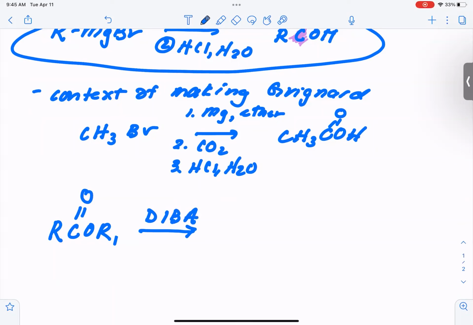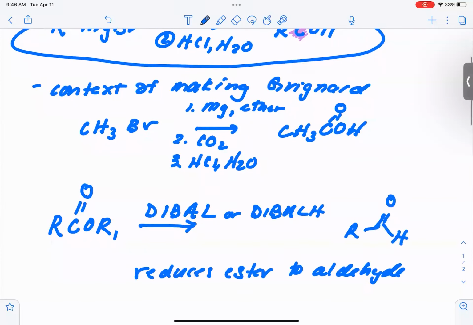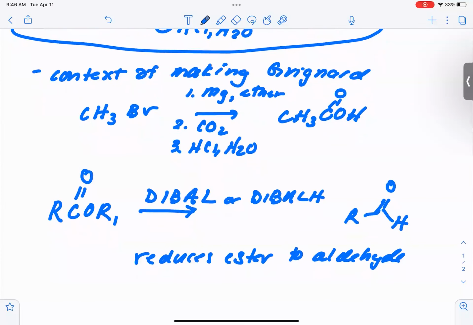So it's either DIBAL or sometimes you see it with the H. And that will take an ester and reduce it to an aldehyde. If you reduced with lithium aluminum hydride, that takes you all the way to the primary alcohol.